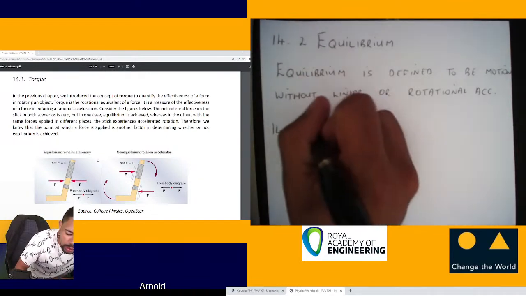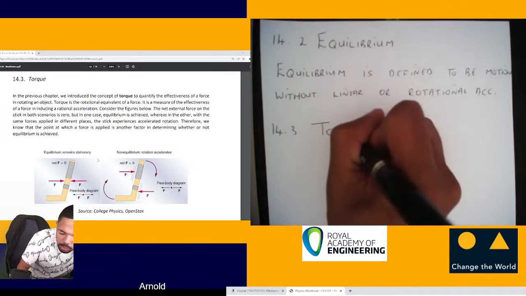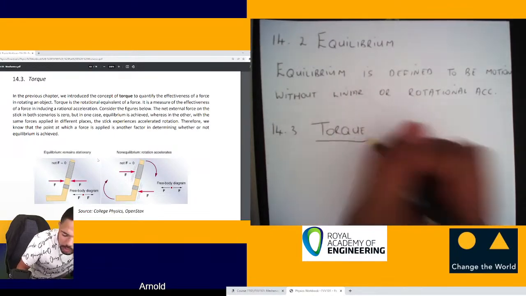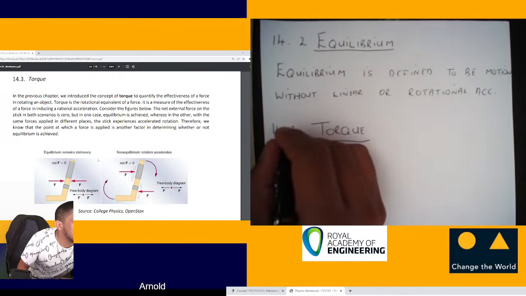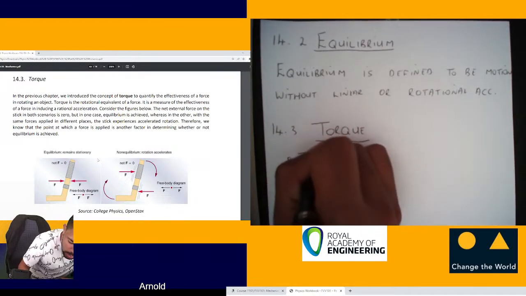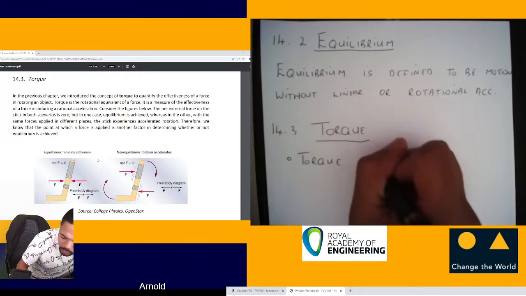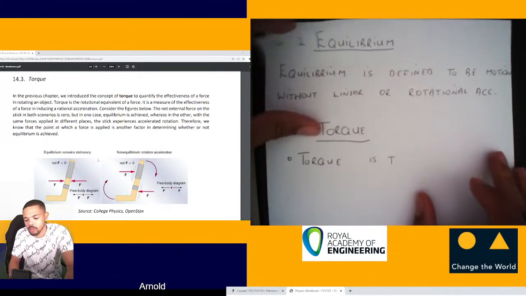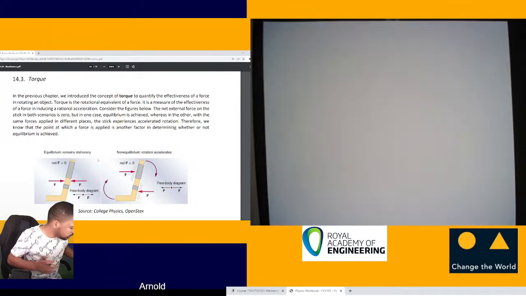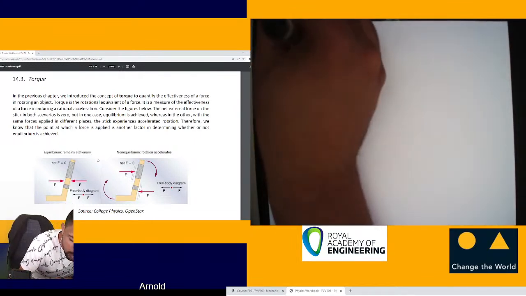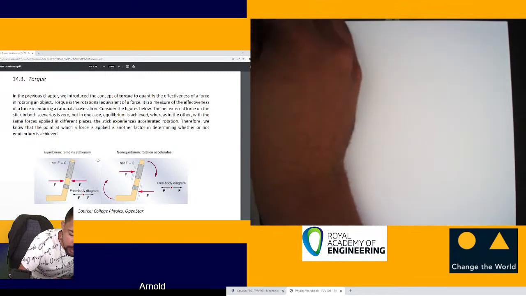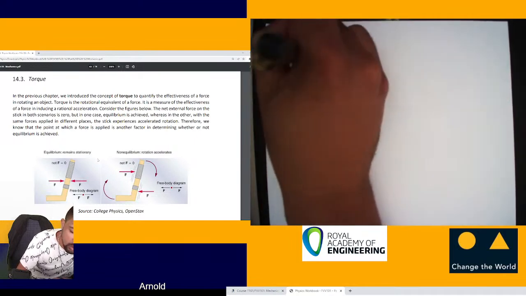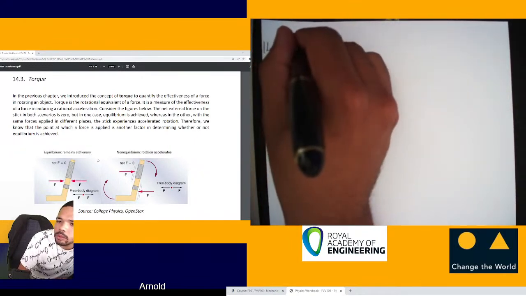I'm going to just note some important points. So torque, that is equilibrium, we already defined it. An important concept of torque, let me just write it on that clean page. Torque, 14.3.